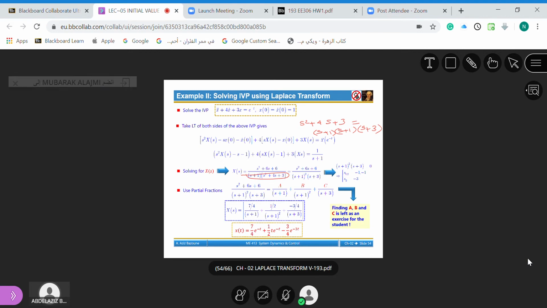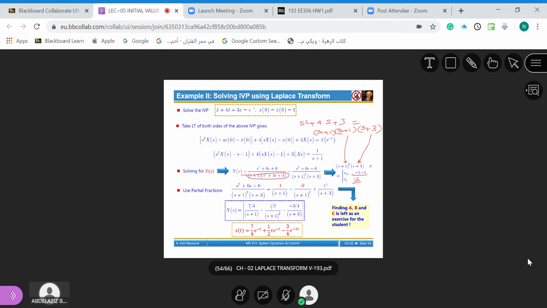So we basically have 3 poles. One is s equal to -3, and this is s plus 1, and s plus 1 is a double pole. So s1,2 is -1, a repeated pole of order 2, and this one is a pole of order 1.